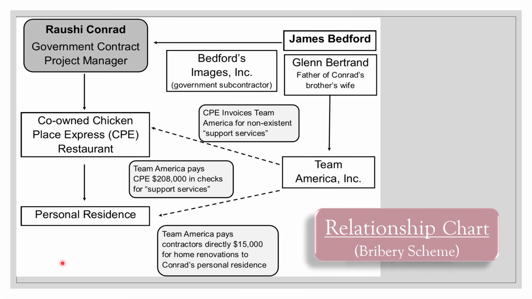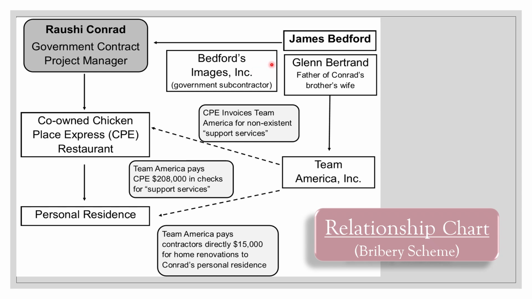This is a chart that I actually created for an article that I wrote in Fraud Magazine that describes a bribery scheme between a government contract manager, IT professional named Roushie Conrad, and a gentleman named James Bedford, who was a subcontractor.